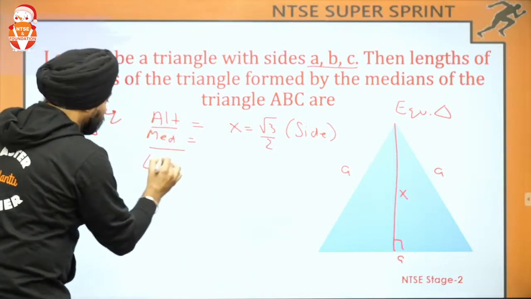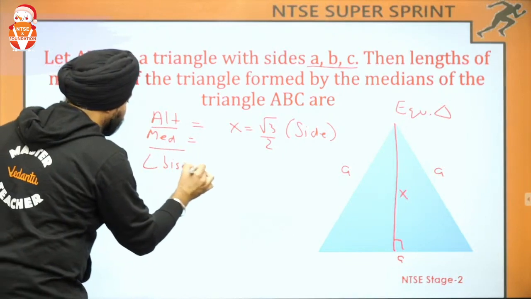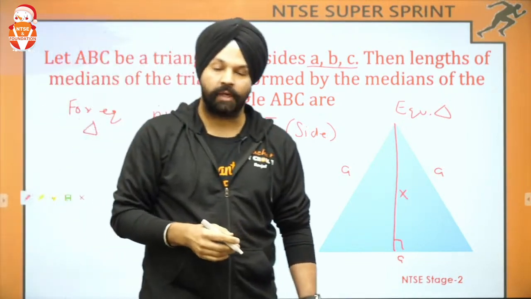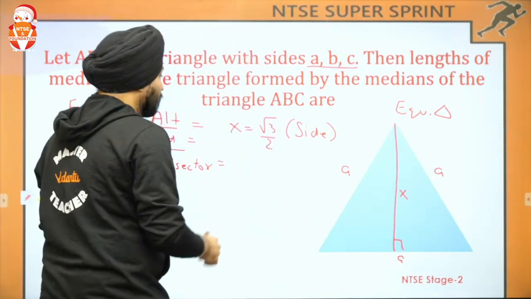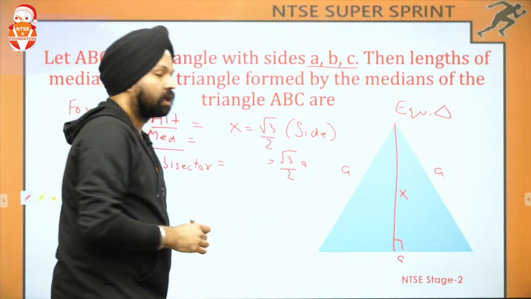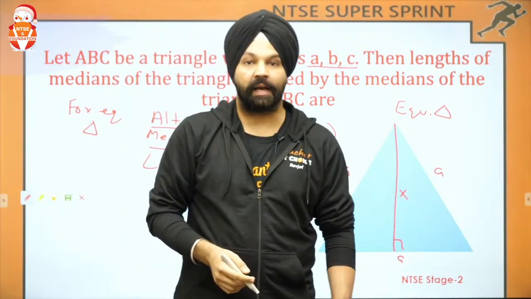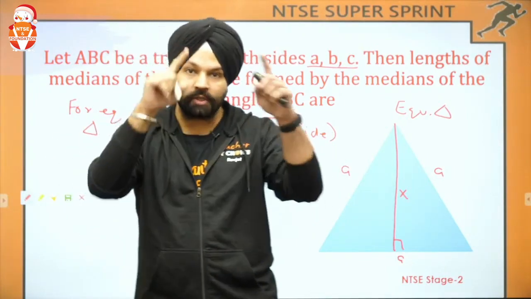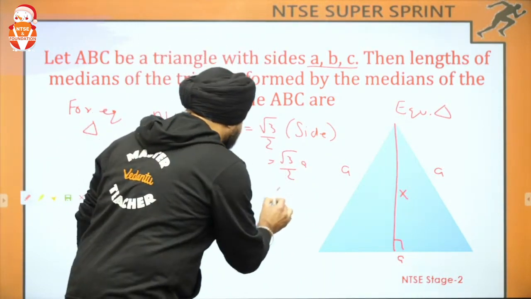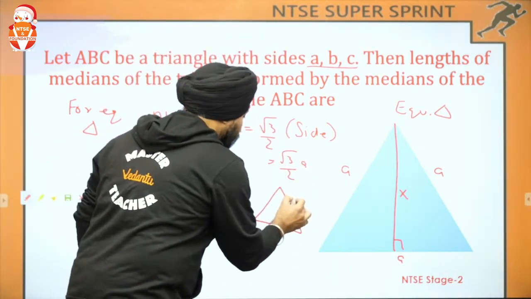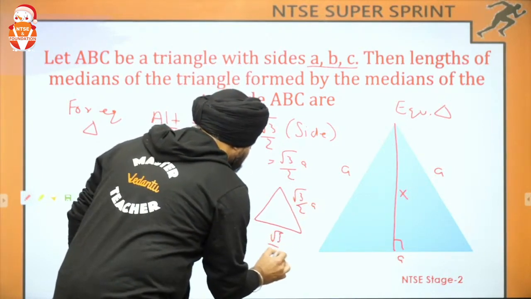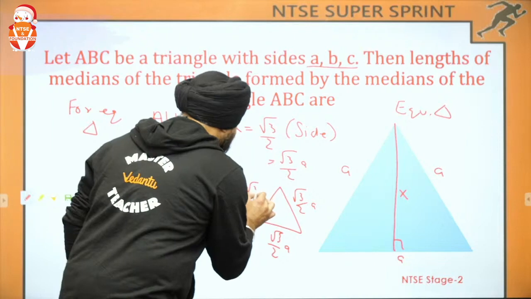Altitude, median, angle bisector, all are of equal length, and the formula is root 3 by 2 into side. So that means the median has a length of root 3 by 2 a, and I've got 3 medians, and with those 3 medians I need to draw a triangle. That triangle again will be an equilateral triangle with each side root 3 by 2 a.